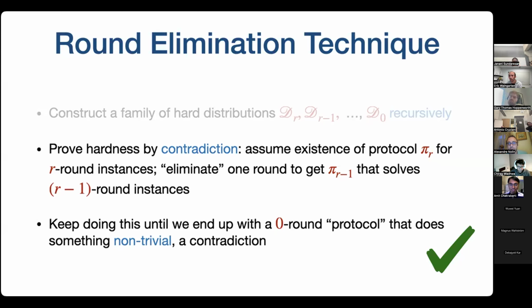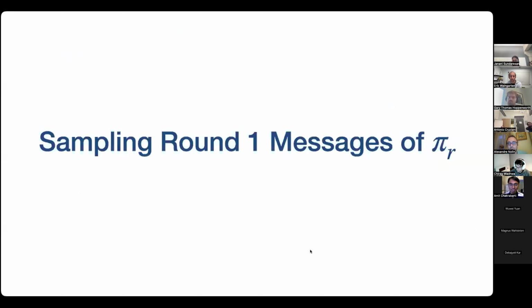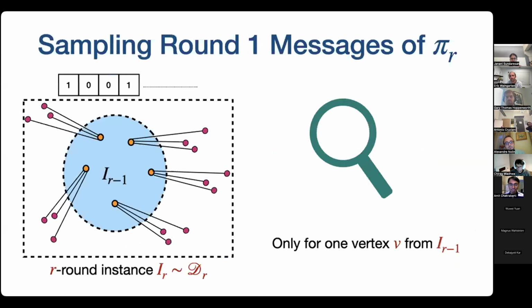All right. So now I'm going to talk about how we can sample these first round messages. I am going to focus on this only for one specific vertex from this inner instance. Let's just say we're zooming into something.